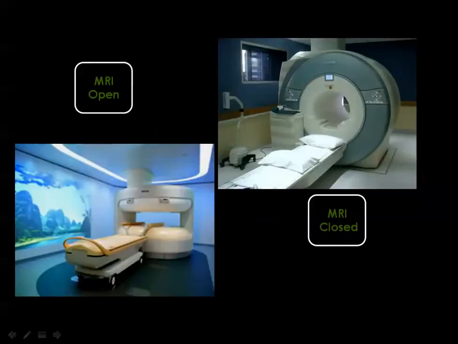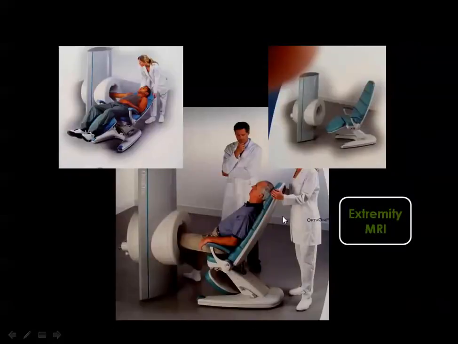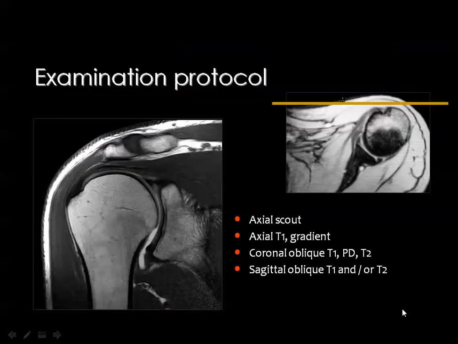And you remember the closed MRI and the open MRI, the extremity MRI, which is not suitable for examination of the shoulder. It is useful in evaluation of the knee and the ankle, and also the elbow and the wrist joints.